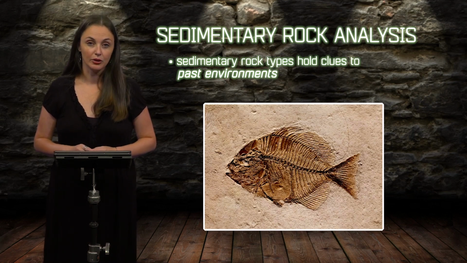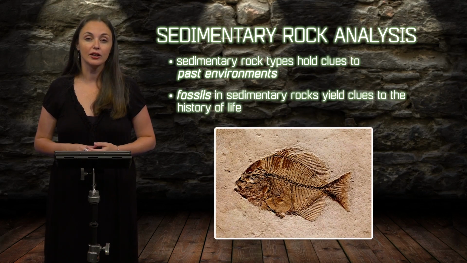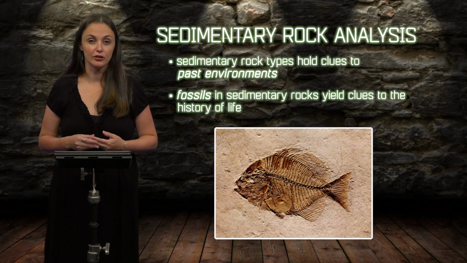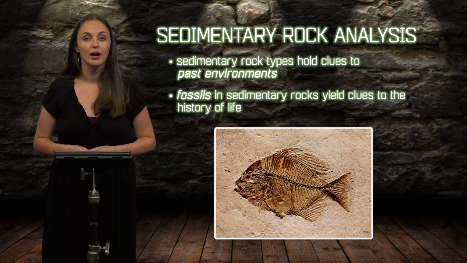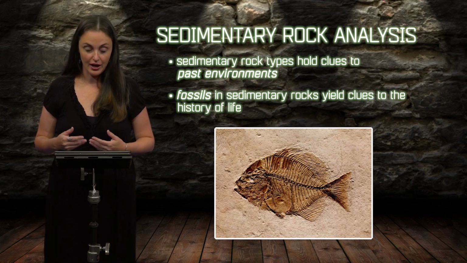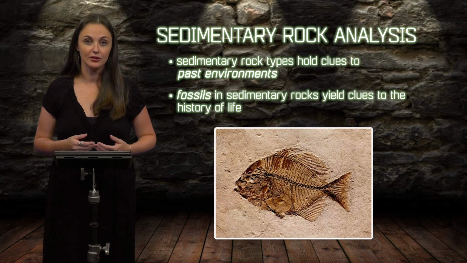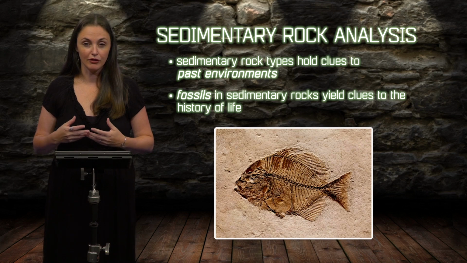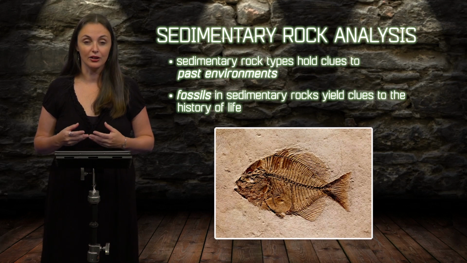The second clue is going to be the fossils that those sedimentary rocks contain. We're going to talk a little bit more about the history of life and fossils in later lectures when we talk about geologic time. But just to introduce the concept today, a fossil is basically any kind of evidence of life from some point in the past. Some evidence, either the body of the fossil creating some kind of cast, or trace fossils that have been left behind in the rocks.